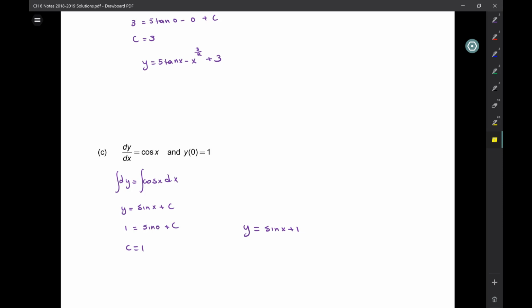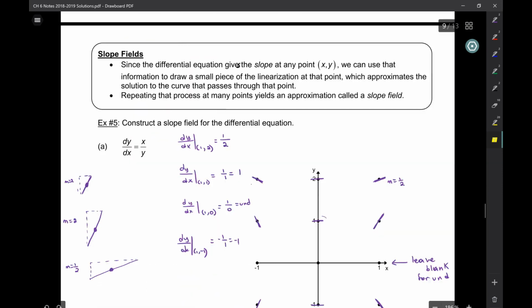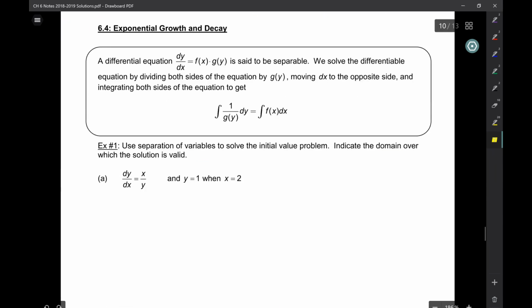What if you had cosine of x times y, or e to the y, or some other function of y? That's what we're talking about here, where dy/dx equals a function in x times a function in y. When you have that, we say that it is separable.